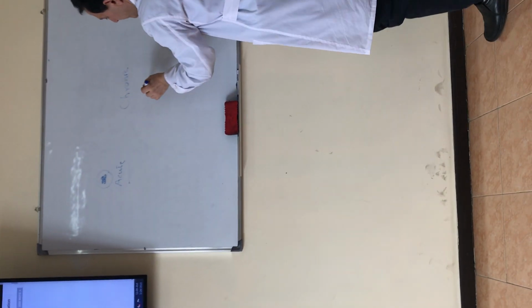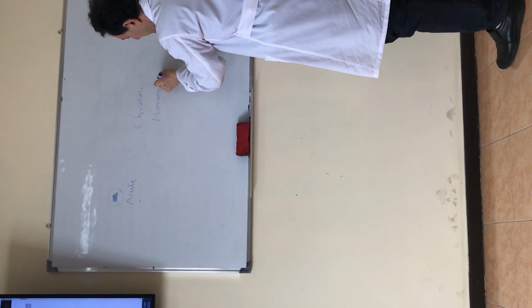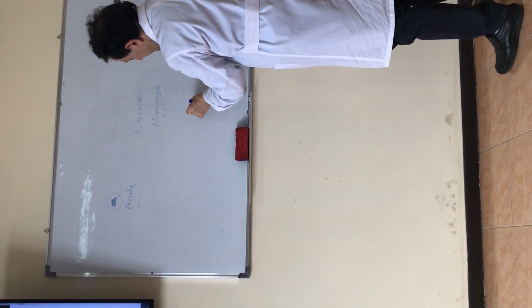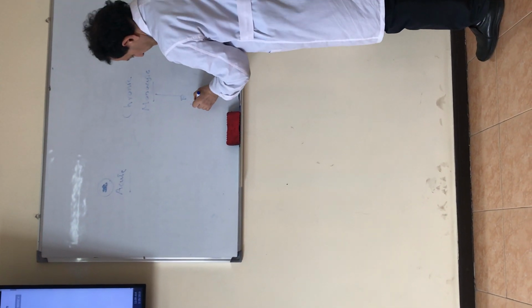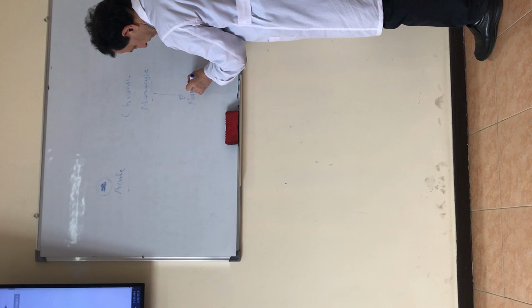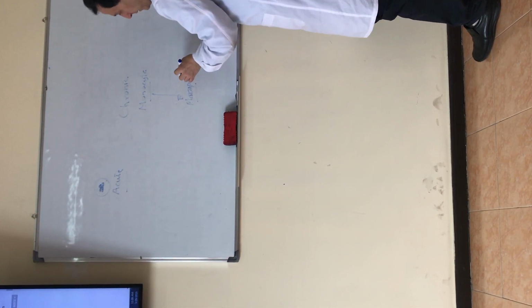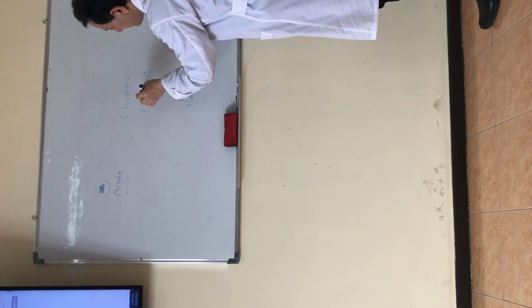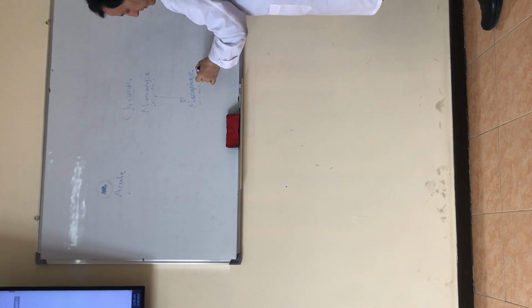But in chronic inflammation, the types of cells are different. They are monocytes. These monocytes, when they exit the vessels, in tissues, they are called macrophages. So, the most important cells in chronic inflammation are monocytes and macrophages.